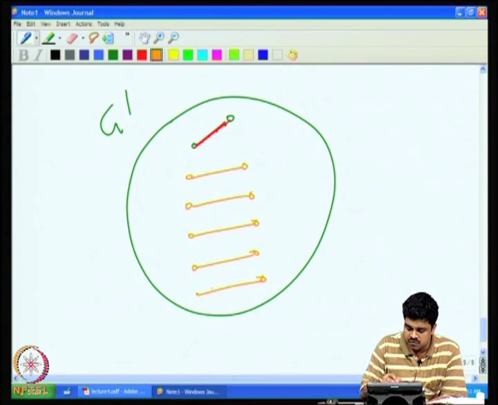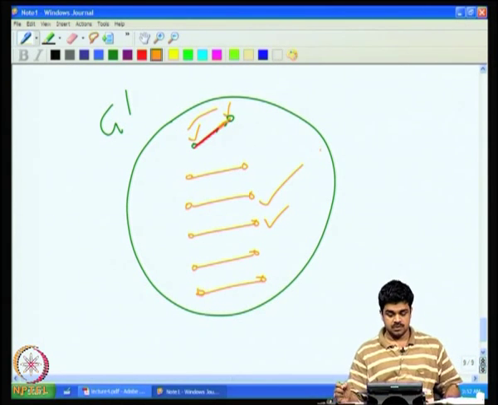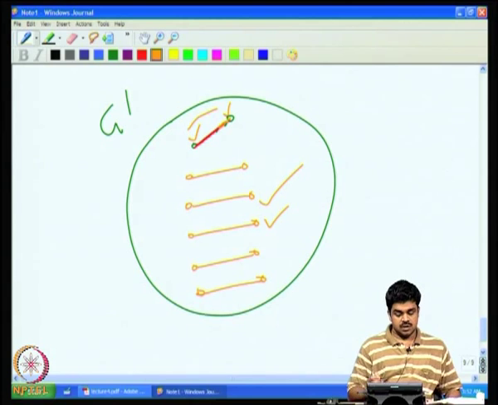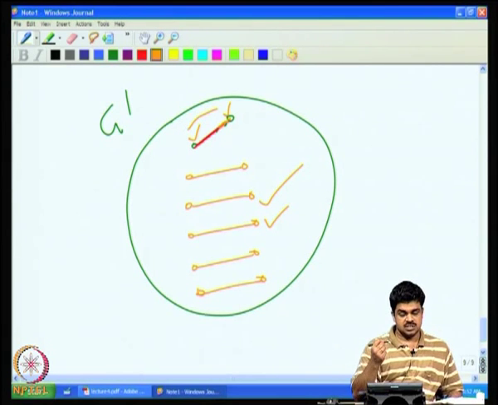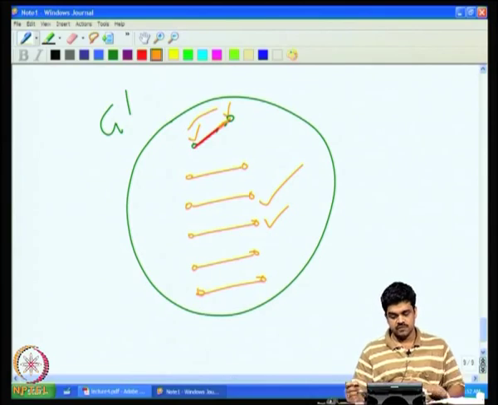That means every other vertex was matched by something. These were the only two vertices which are unmatched, and then this edge is also added. So, there is a perfect matching. So, this is true for every non-adjacent pair. Any non-adjacent pair will be such that they are the only two unmatched vertices for some matching, right. So, this is a good property, this is going to be useful, that is why we are looking at this edge maximal graph.